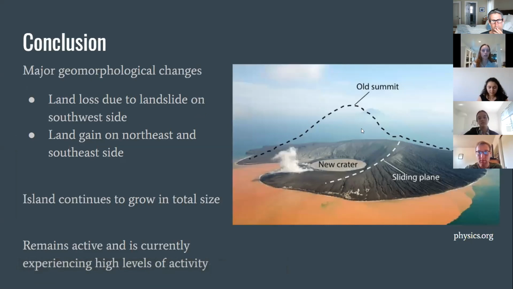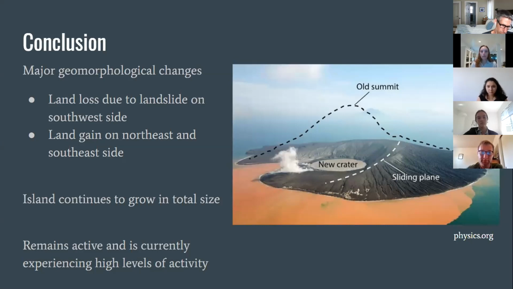And so in conclusion, as we've seen, both post-eruption and current images show significant geomorphological changes on Anak Krakatoa Island. Despite the land loss on the southwest side, comparison of pre-eruption, post-eruption, and current island dimensions further shows that the island has been growing in size throughout recent volcanic activity.